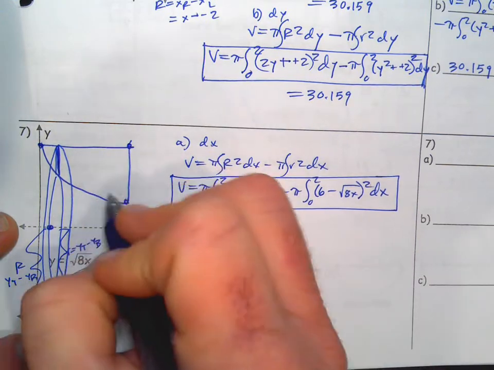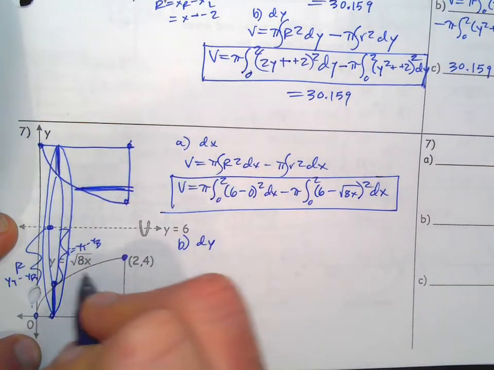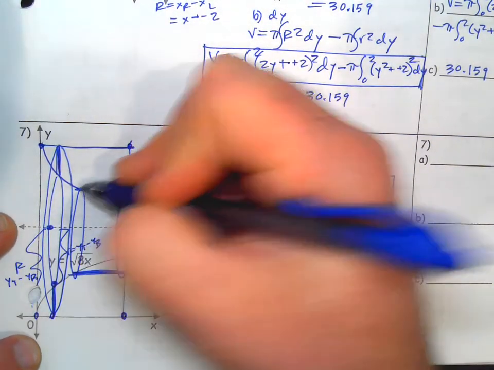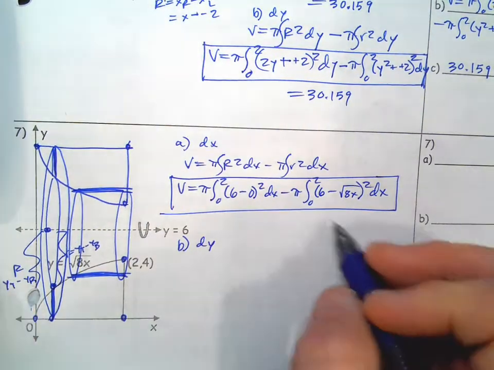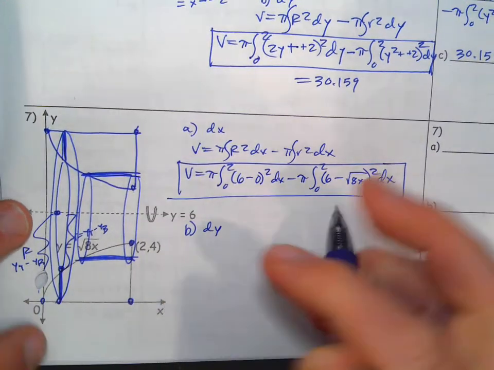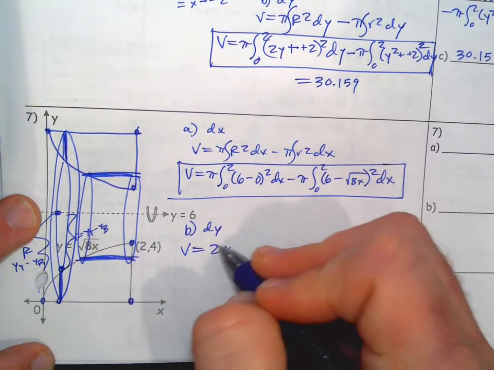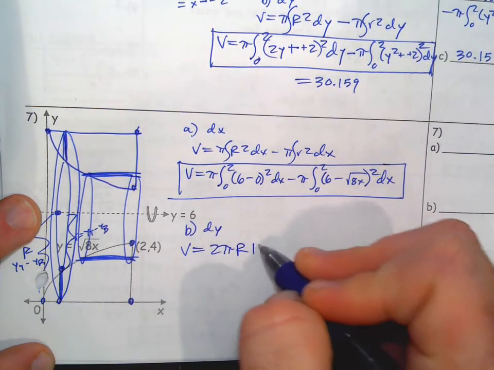dy is going to be a horizontal slice, so I'm going to try and put it right here so it doesn't cross that guy, just because that would get extra confusing. So we're going to get shells. It's perpendicular to the axis of rotation. So volume of shell, if you cut it open, 2 pi rh dy.